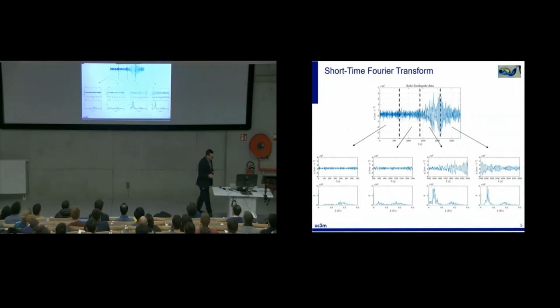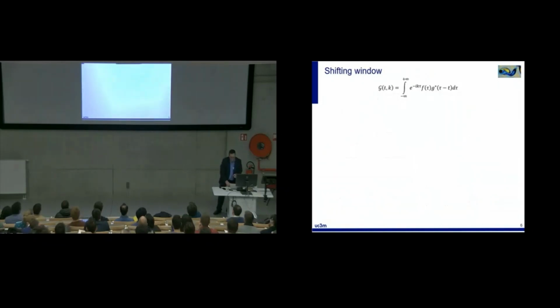So you might want to do something more gentle, and that is at the basis of the Gabor transform. What you do is change the kernel of the Fourier function with a window. This window is sliding all over the signal.